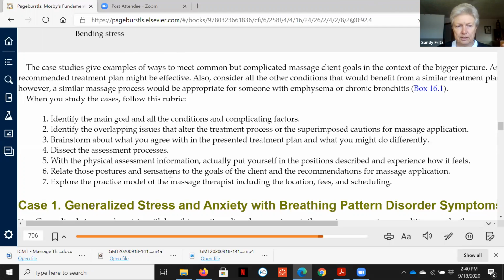Relate the physical assessment to the goals of the client and the recommendations for massage, and then explore the entire practice model for the massage therapist, including the location, the fees, and the scheduling.